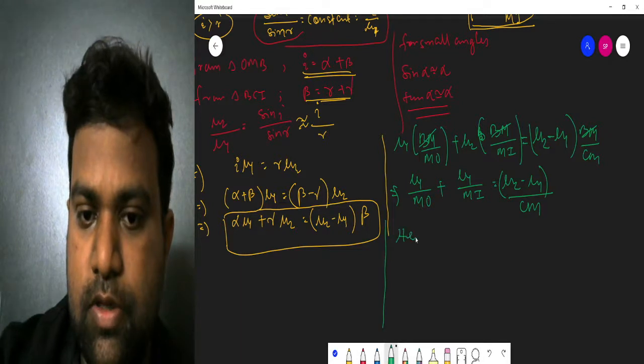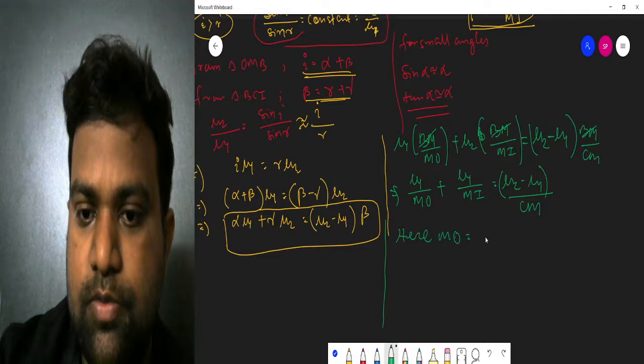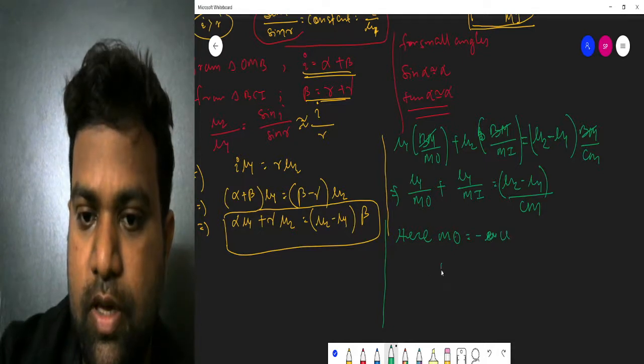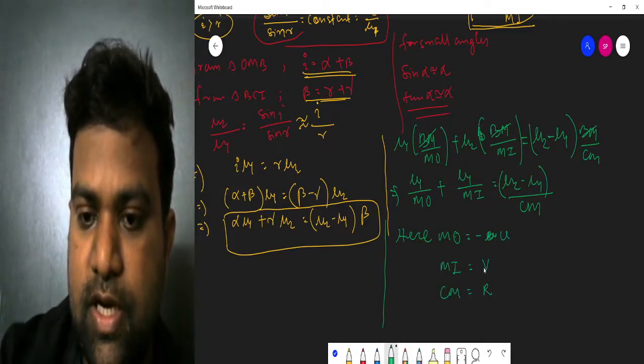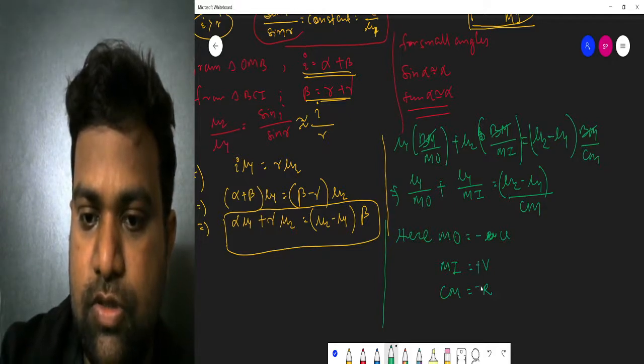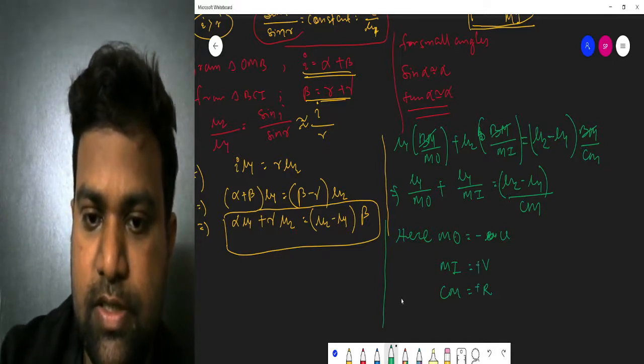Mo is object distance, that is minus u, which is in the left side. Mi is the image distance, which is in the right side, V, and Cm is radius of curvature and it's in the right side, so it's plus. So these two are plus and first one is minus.